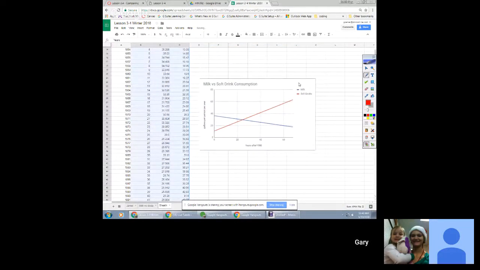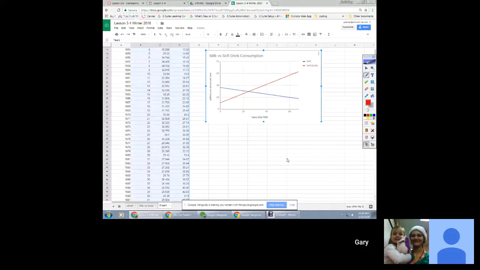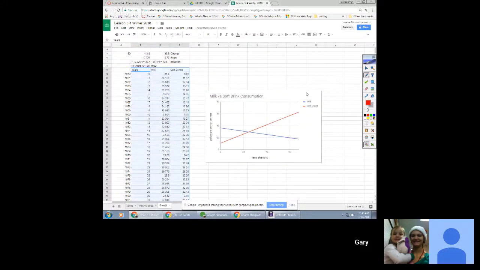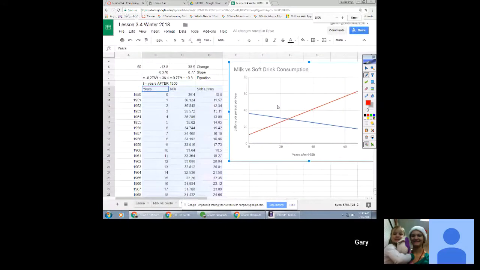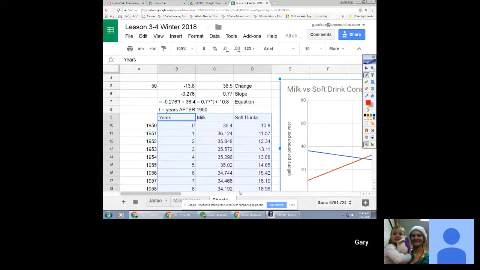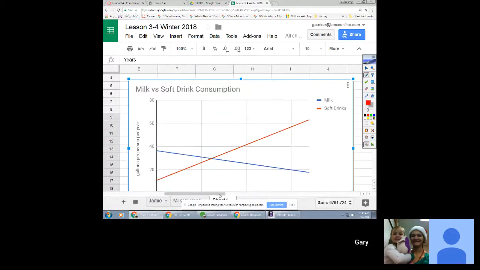When I just looked at the graph, like when I did the estimate, it looked like it was going to be like 1978. Yours looked like 78. But then I got, yeah, so if I zoom in on my graph here, let me go back in. So I graphed every year, and when I point to the intersection, it's telling me that in 25 years later, soft drinks is 30.5.